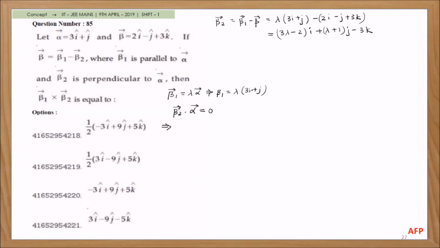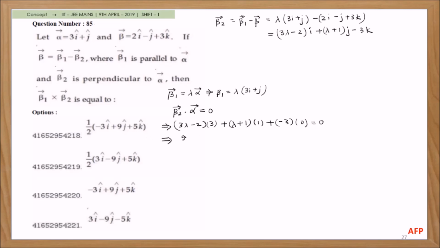So this implies the coefficients are supposed to multiply. The coefficient is 3 lambda minus 2, multiplied by 3, plus lambda plus 1 into 1, plus minus 3 into 0, is equals to 0 we are having.